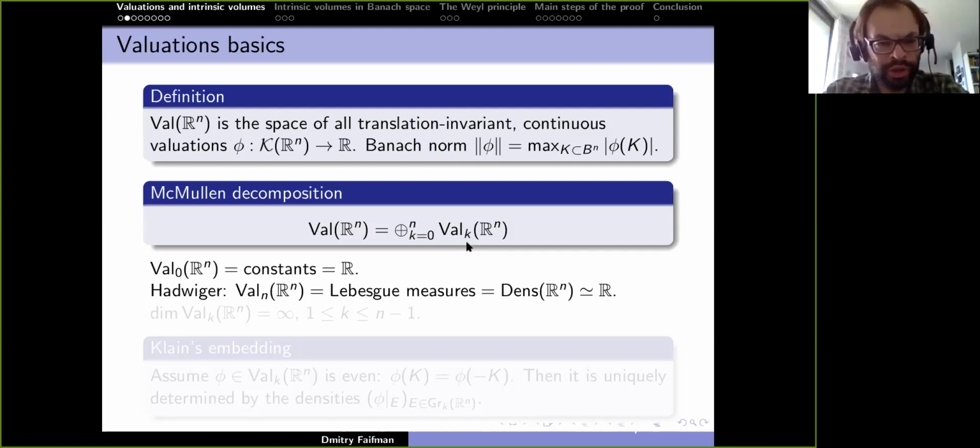And there are simple descriptions of the end spaces. For zero-homogeneous valuations, there are just the constants. And for n-homogeneous valuations, there is just the Lebesgue measure. This is not a completely trivial statement. It's a theorem due to Hadwiger. Also, I will sometimes say densities instead of Lebesgue measures.